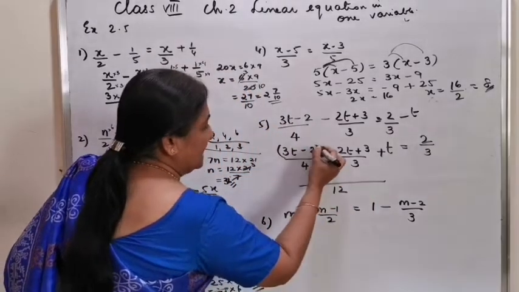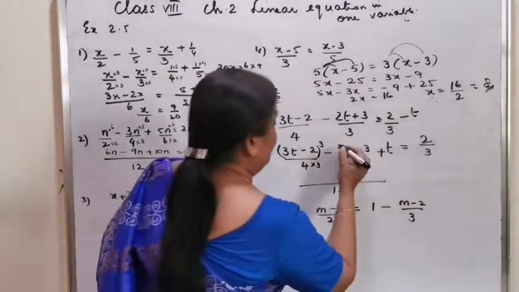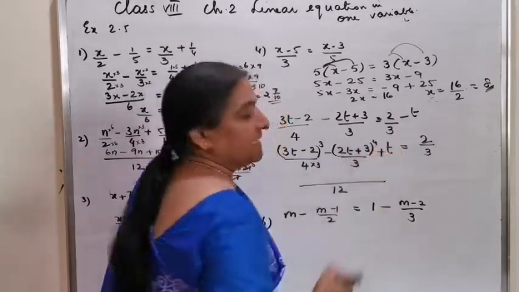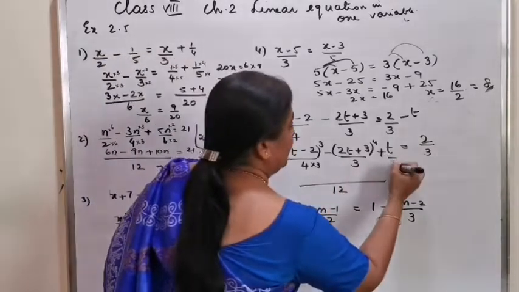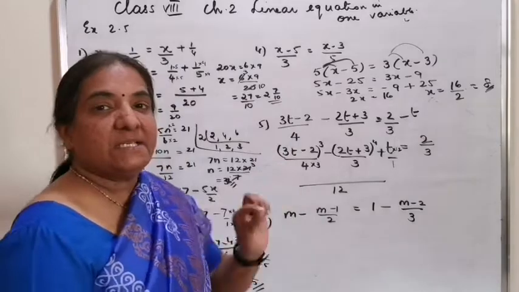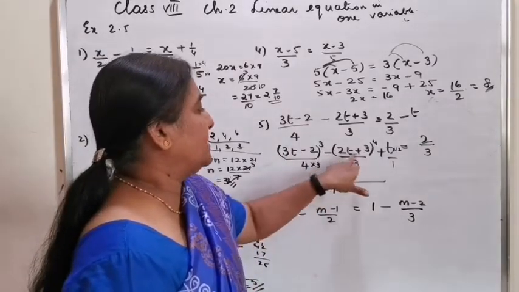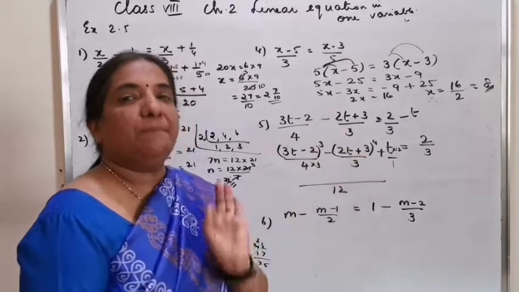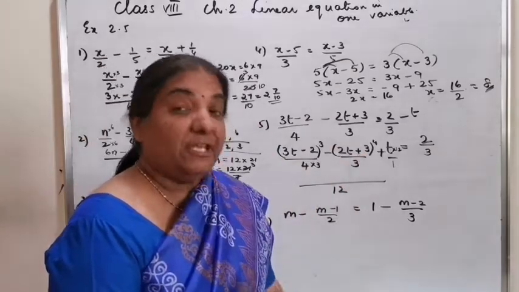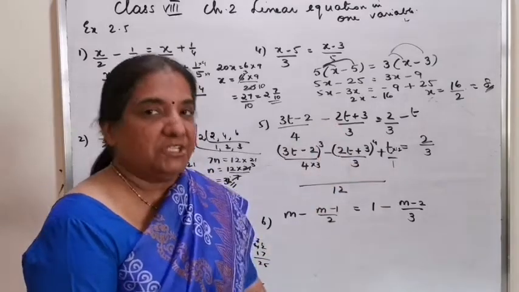Here bracket is compulsory, into 4 bracket is compulsory, and by 1 means into 12. Whenever there are two terms, there should be a bracket, because the minus with plus will turn negative. If you don't put a bracket, the answer may change.